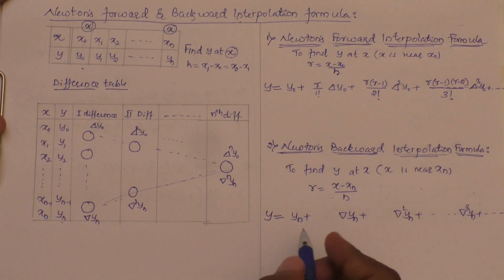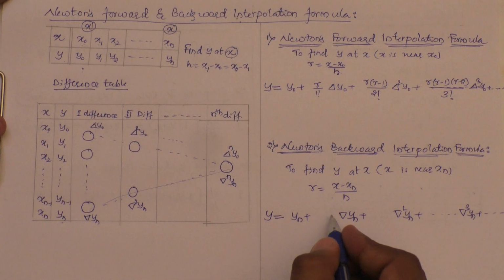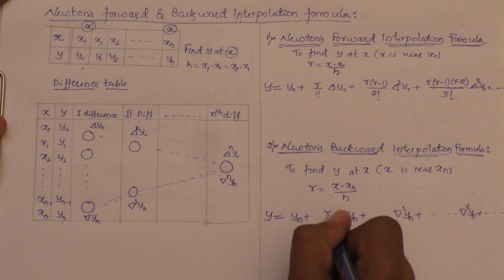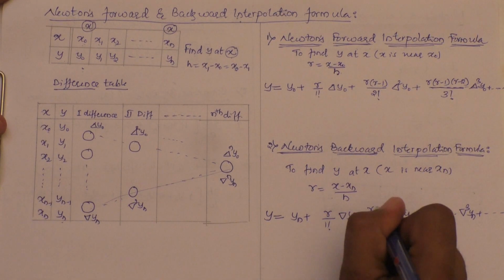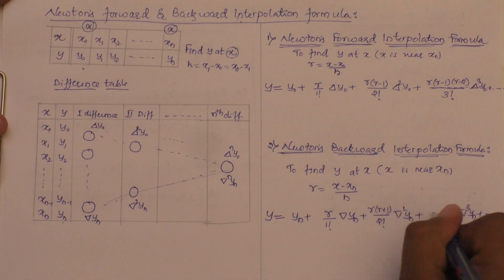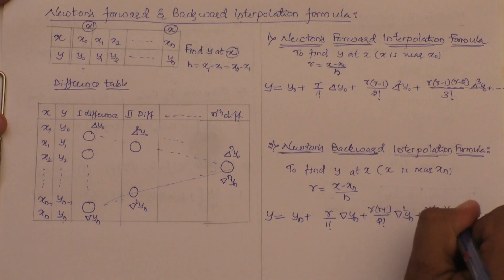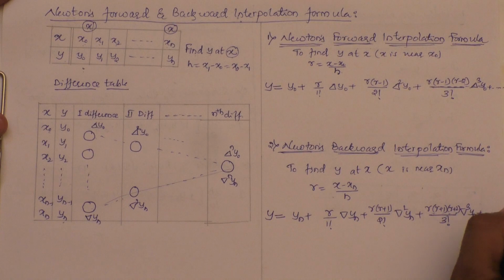The multiple of the first term is none. Here it is r by 1 factorial. For delta square, the multiple is r into r plus 1 by 2 factorial. Next, r into r plus 1 into r plus 2 by 3 factorial, and so on.